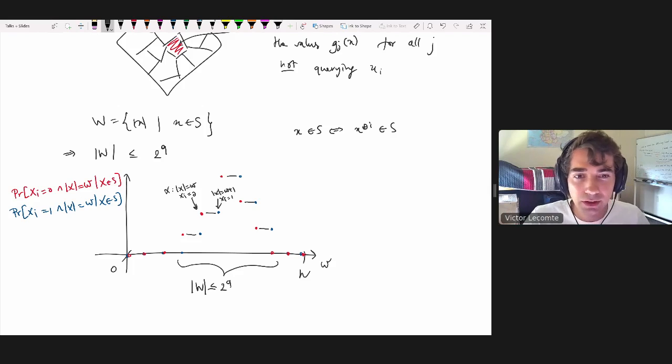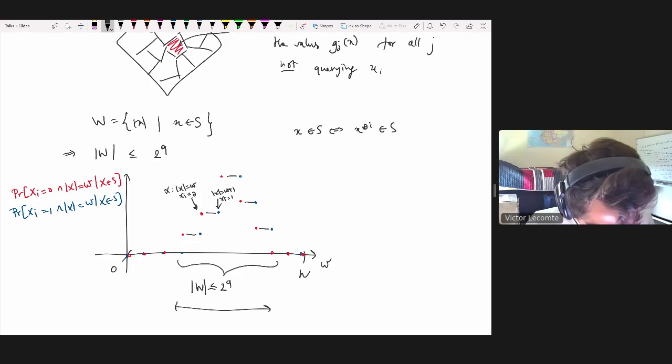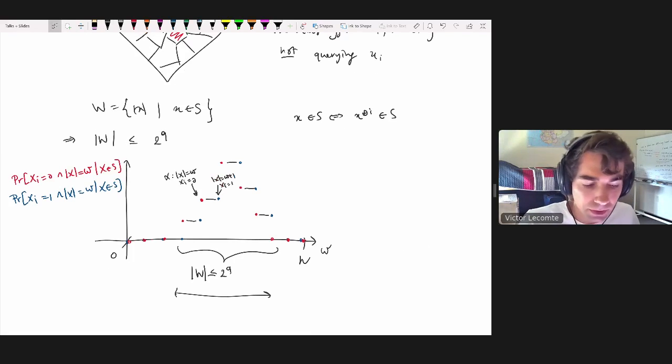Now, I'm drawing it as a contiguous segment, but the argument is not actually going to depend on that. It's just simple to draw a contiguous segment of non-zero probabilities. Those were the first 2 observations.